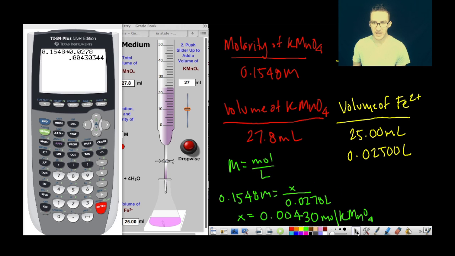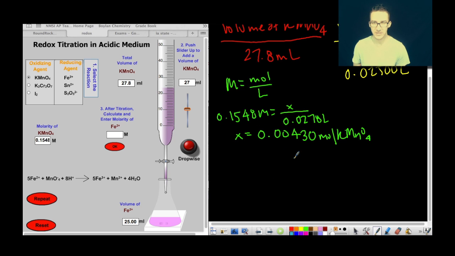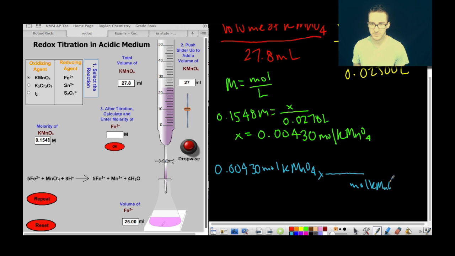Okay, so that's our first step. Now we've determined the number of moles of KMnO4. Our next step is to use the balanced redox reaction to determine the number of moles of iron 2 that was in that original solution. We have 0.00430 moles of the KMnO4 times a conversion factor that relates moles of potassium permanganate to moles of iron 2.